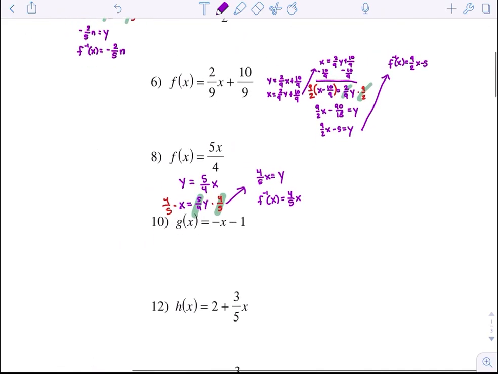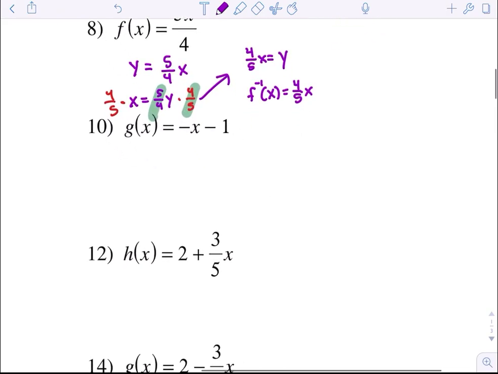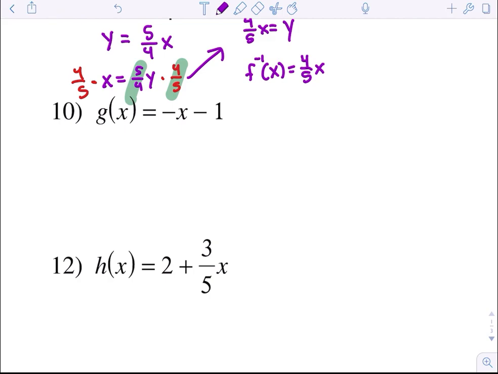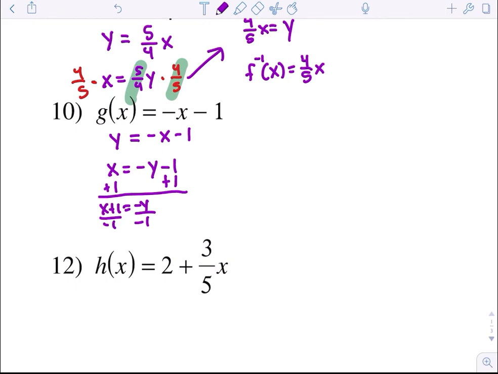Right? Here's 10. Alright, so for 10, change this to be a y. Now switch your variables, so this is an x and this is a y. Solve for the new y. So add 1 to both sides, divide both sides by -1. And that's going to be -x minus 1, which is equal to y.